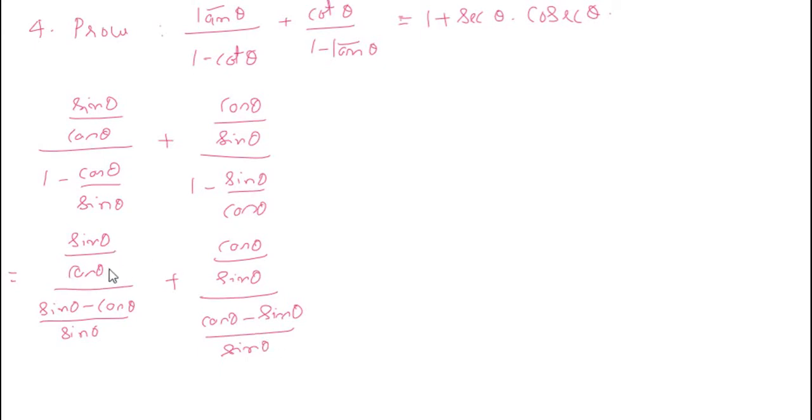Now when you simplify, these two will go to the denominator, these two will go to the numerator, same thing. Here this is cos theta, sorry. These two go in the numerator, these two will go to the denominator.